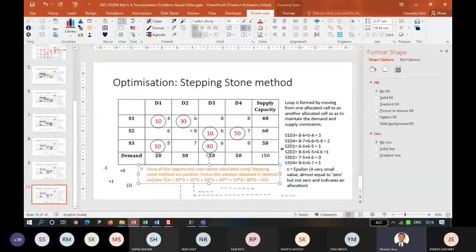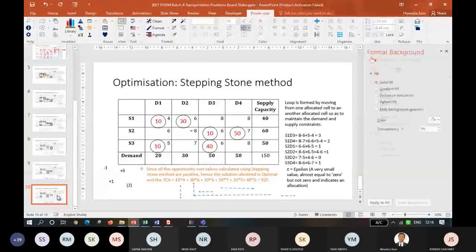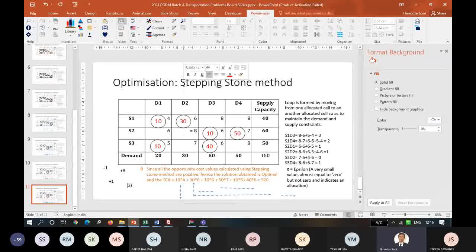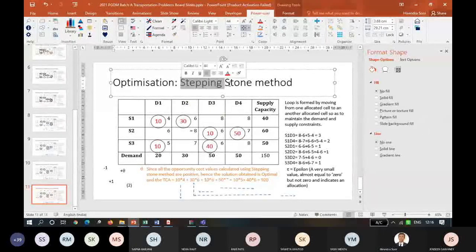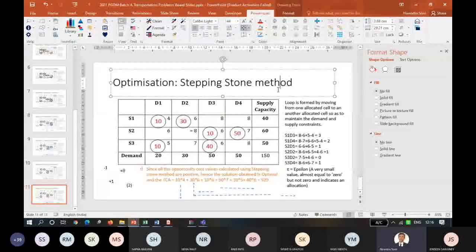So that means no further iteration or anything is required. This is the end of it. Now let us look at, just duplicate it, and I will use UV method.